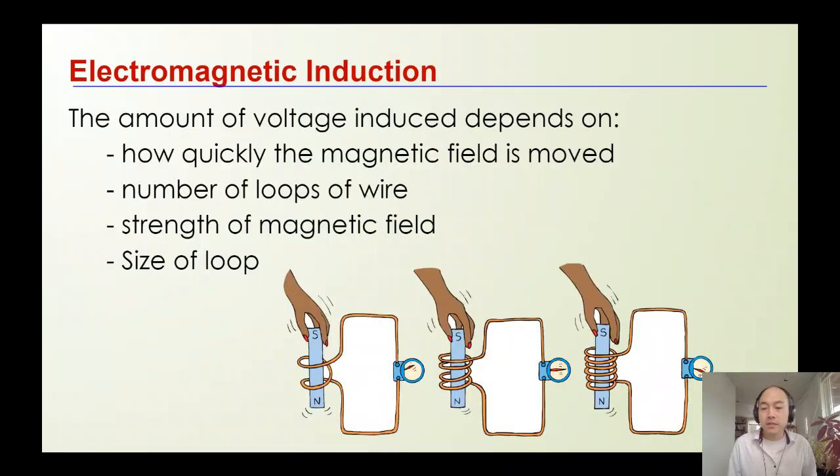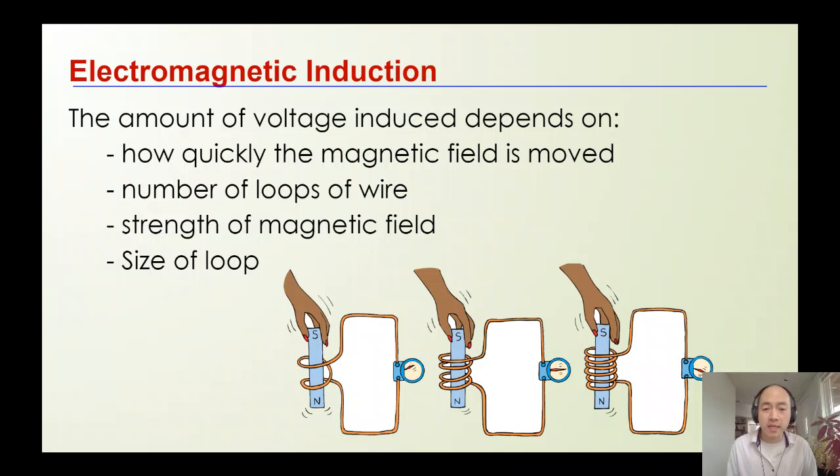So experimentally we could test this out, and there are a few things that we could try changing. In some of the activities that we designed for you guys, if you move that magnet faster through the coil, you can create more current. If you change the number of turns in the coil, you can also change the amount of voltage or current induced.